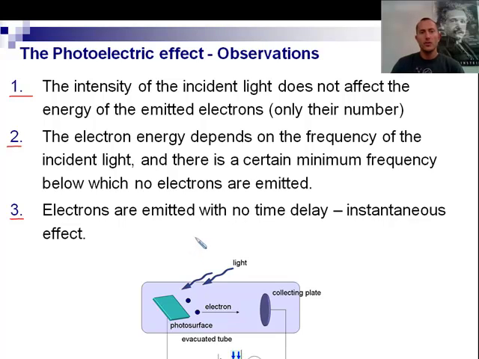As soon as the light is shown on it, if it's above the critical frequency, electrons are emitted. There's no time delay. There's no waiting around for the electrons to absorb the light, anything like that. It's an instantaneous effect. If light that is at the critical frequency or greater is shown upon the photosurface, electrons are going to be emitted.